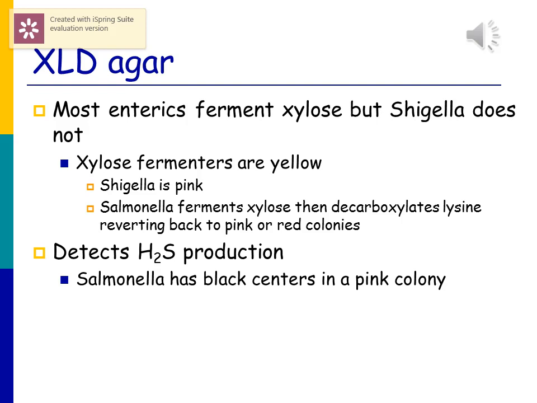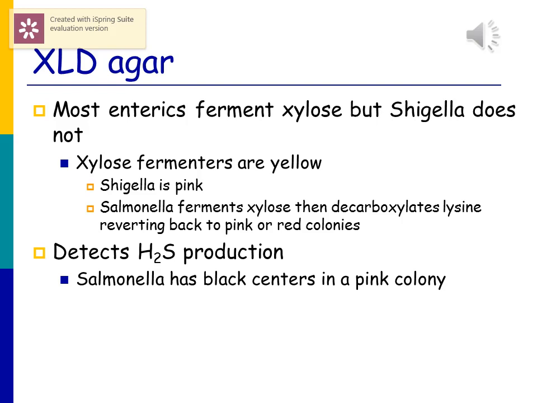What Salmonella does is it ferments xylose, so it would turn yellow, but then it decarboxylates the lysine in the agar, which then could revert back to pink or red colonies. So you have to be careful with Salmonella because you might see yellow, you might see a little bit of yellow and more pink, or you might see all pink.